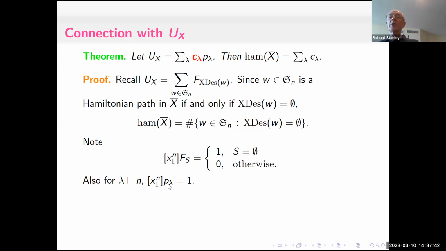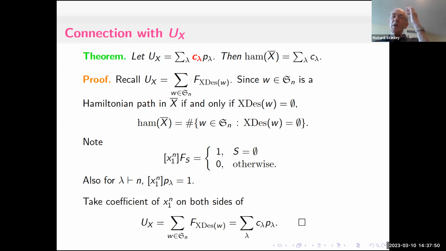The coefficient of x1 to the N in p_lambda, by definition you see immediately is 1. And putting all that together, taking the coefficient of x1 to the N on both sides of this expansion of UX in terms of the power sums gives exactly this thing.